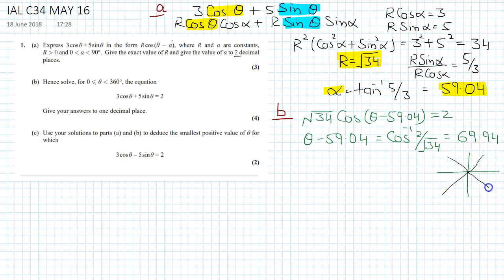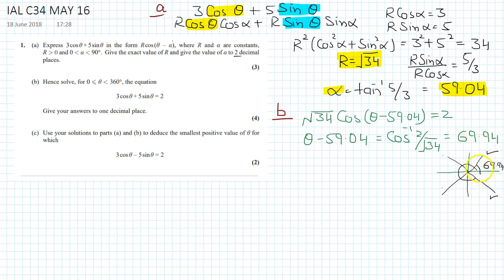Now let's check. This is 69.94. This is cos positive. This is ASTC. So this angle, and then another one is this angle.